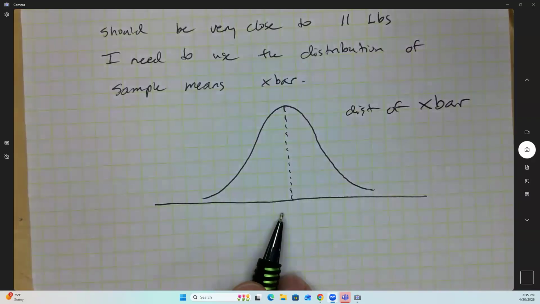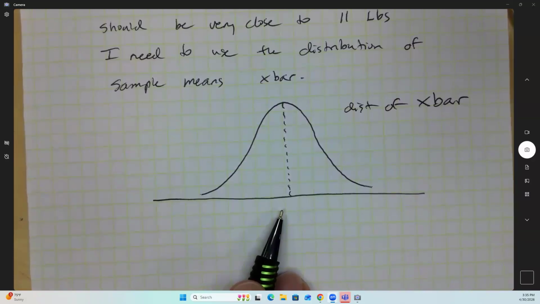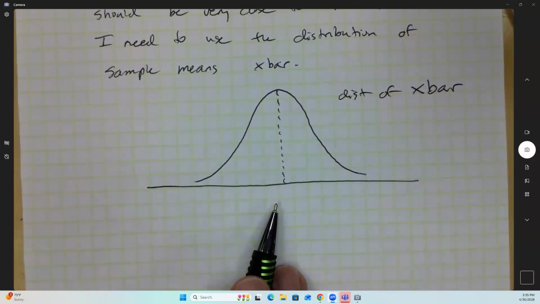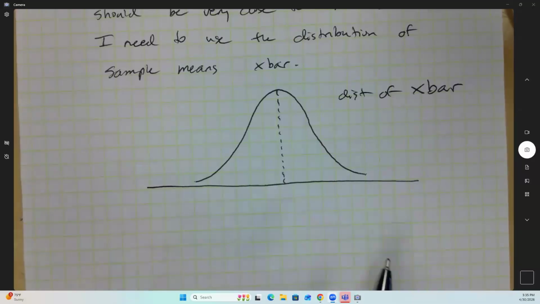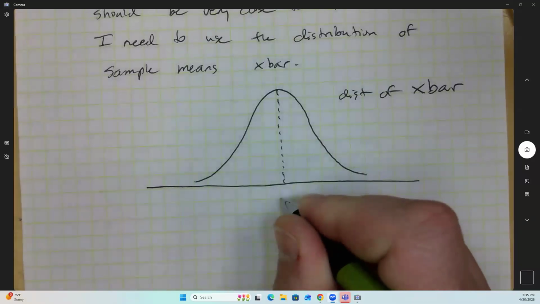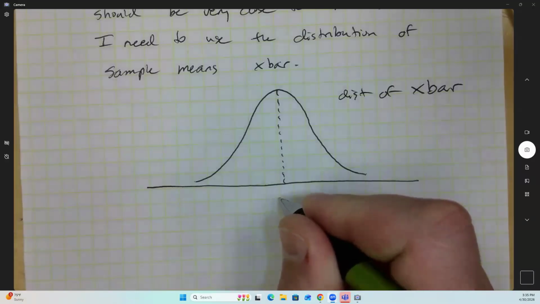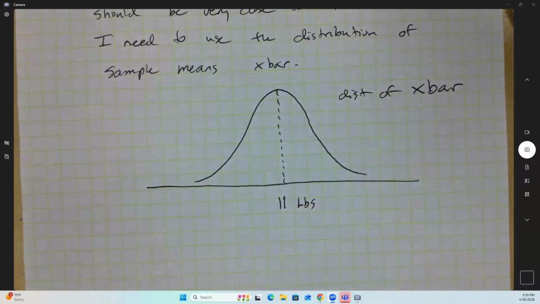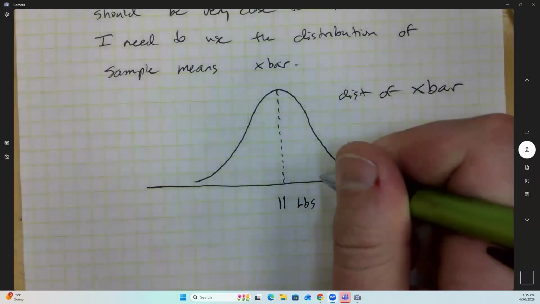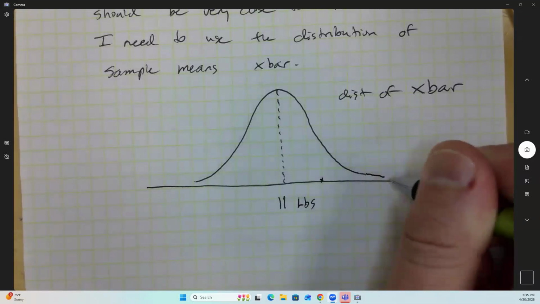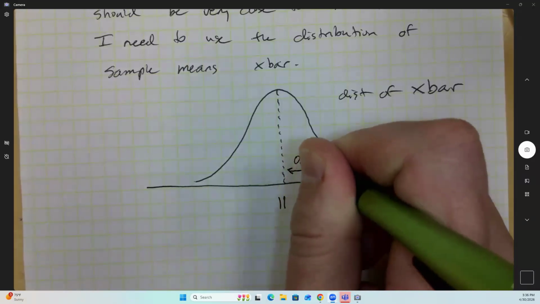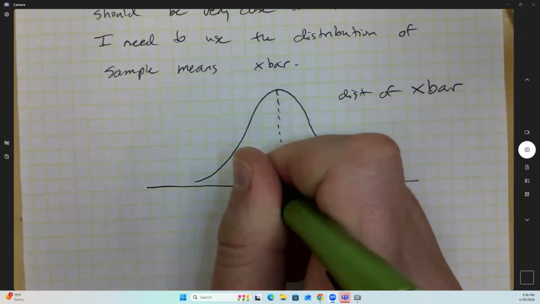So what should the center be? We have it on our previous page of notes. What's the expectation of X bar? 11 pounds, because that one is the same as for any given cat. But the step size is now 0.91 pounds.